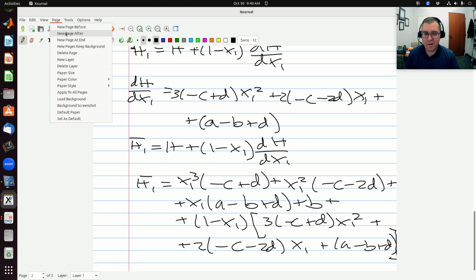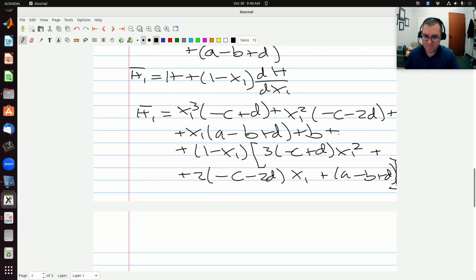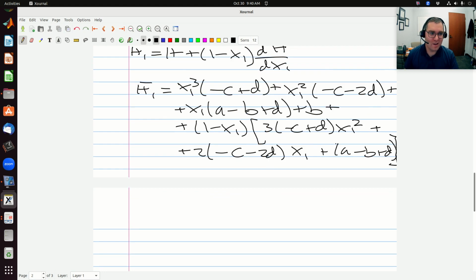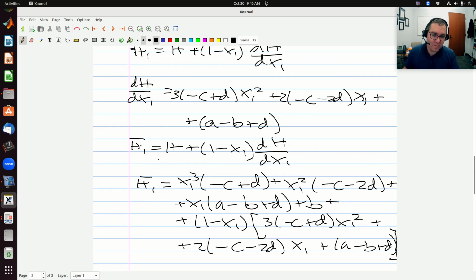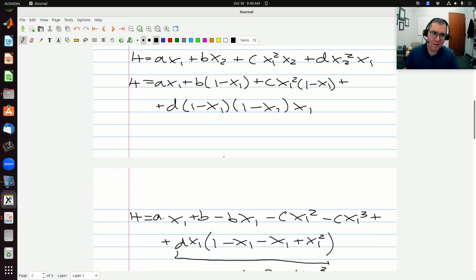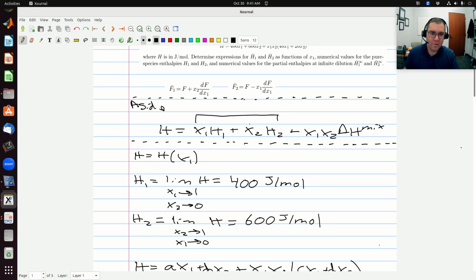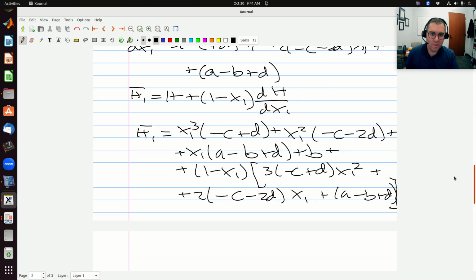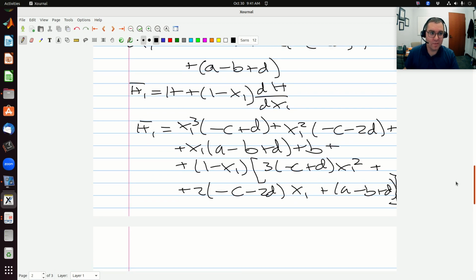I could expand and simplify, but I don't know if it's worth it at this point. It's going to take me more time to write out that work. And then you do something similar for h bar 2. Just h bar 2 is h minus x1 dh/dx1. Okay, boom. And so I could work out my expression for component 2 as well, and then simplify and take it from there.